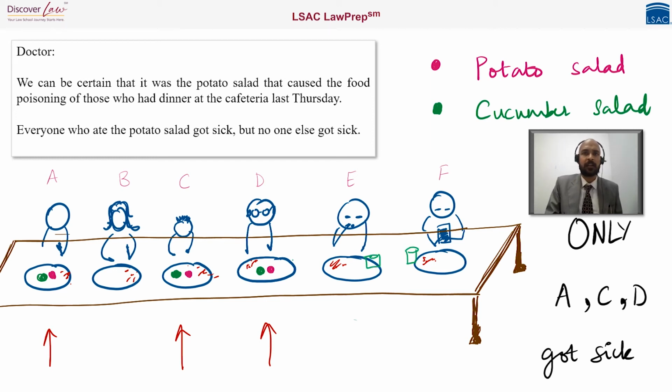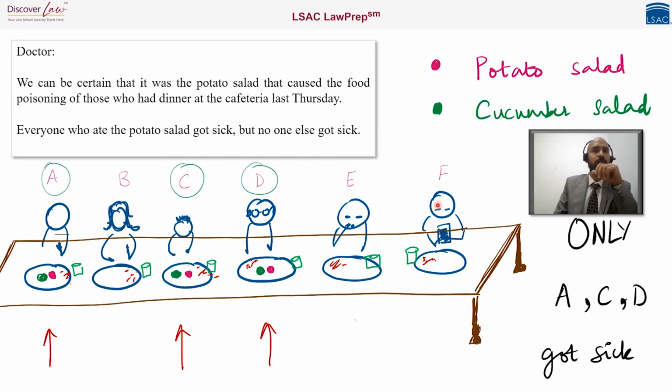So now when you look at this dinner table, and I look at the logic here, only A, C, and D had cucumber salad, and they got sick. So now by that logic, I can say everyone who ate the cucumber salad got sick, and we can be certain that it was the cucumber salad that caused the food poisoning.